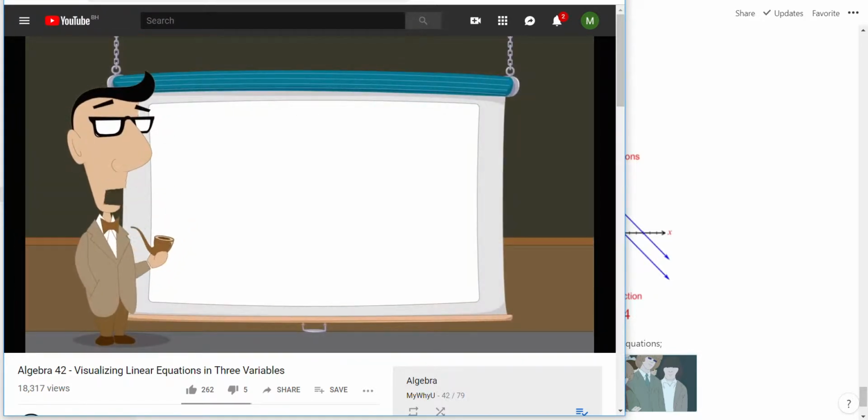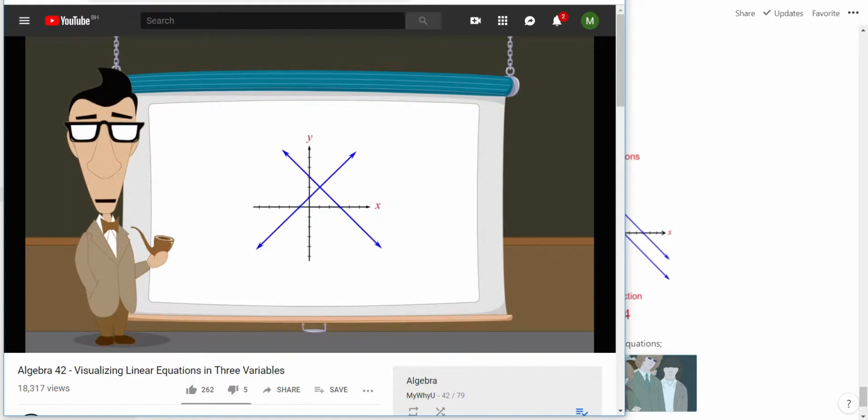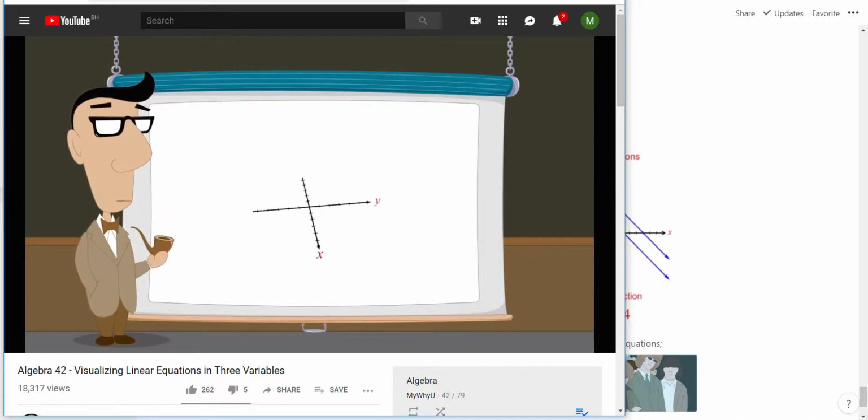We have seen that systems of 2 linear equations in 2 variables can be represented graphically as lines in the Cartesian plane, and the solutions of these systems correspond to the points where the lines intersect. In systems of 3 linear equations in 3 variables, the equations are represented as planes in Cartesian space.